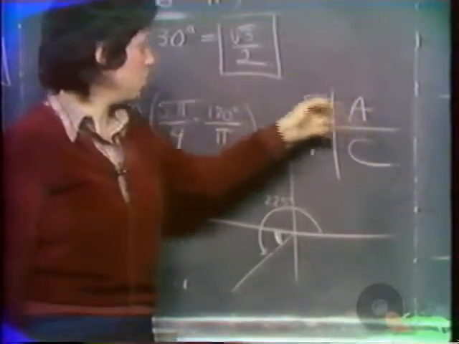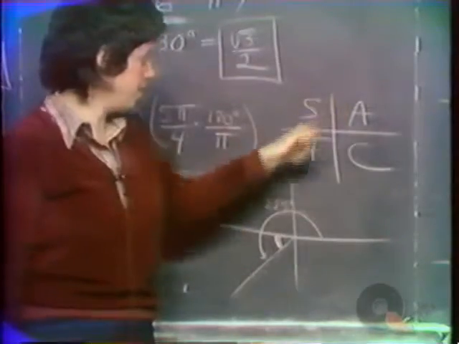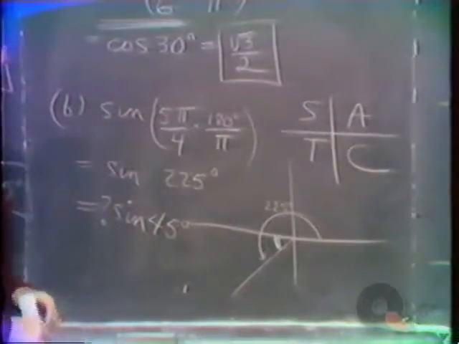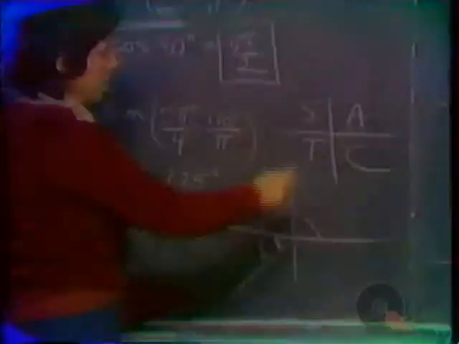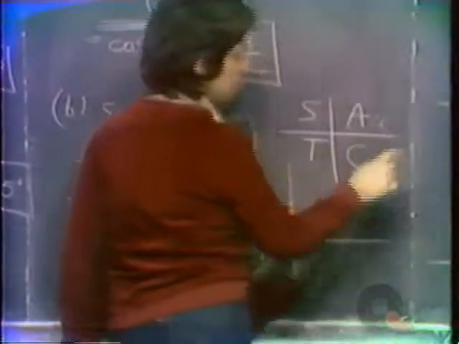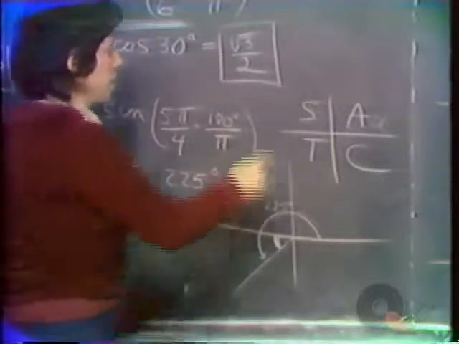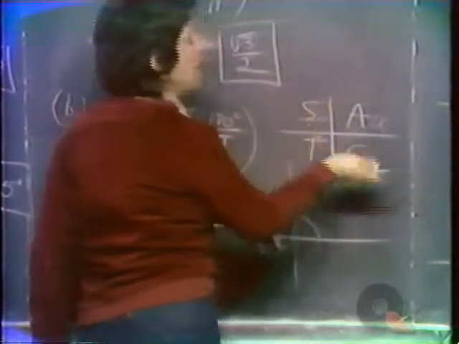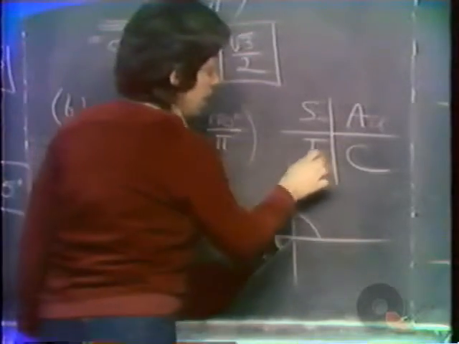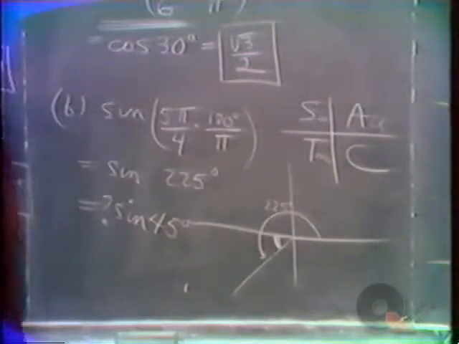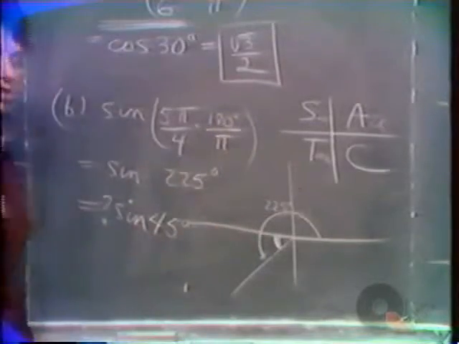You can say all students take calculus, Albany State Teachers College, whatever. The idea is that it tells us which trig functions are positive in which quadrants. The A here stands for all trig functions are positive in the first quadrant. The S stands for sine and its reciprocal are positive in the second quadrant. The T, tangent, and its reciprocal are positive in the third quadrant. The reciprocal of tangent, of course, is cotangent.